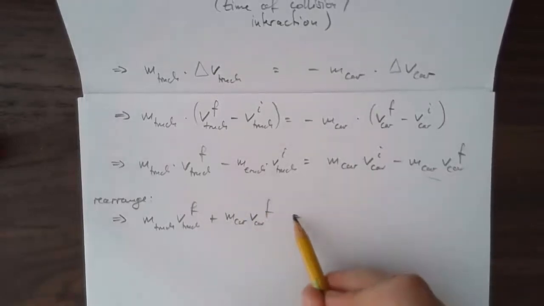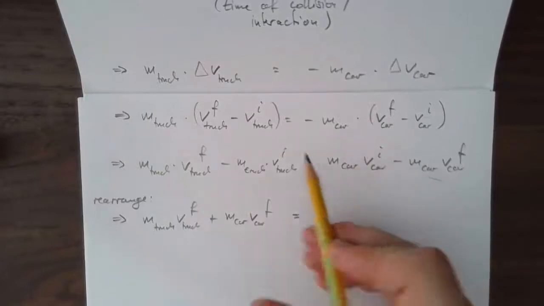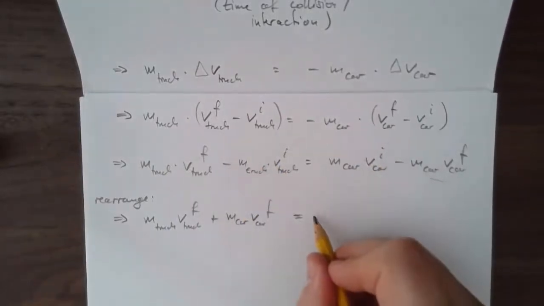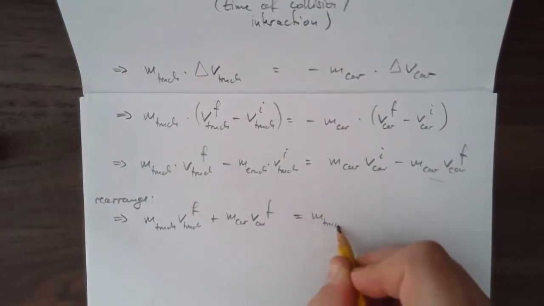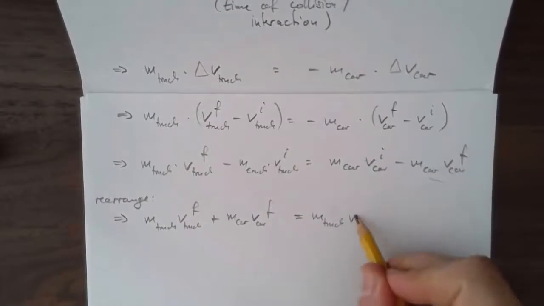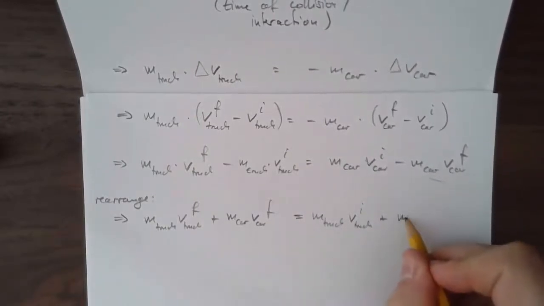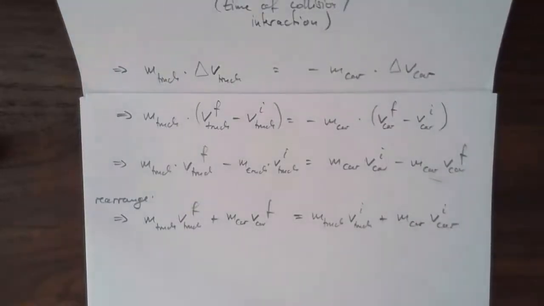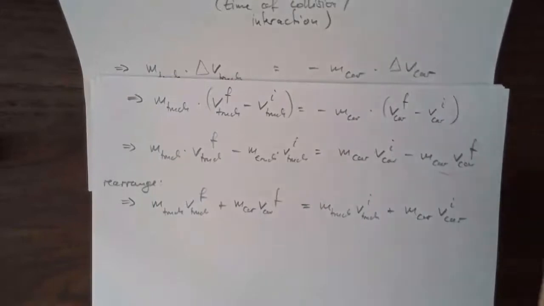And what do we have on the right hand side? I've got this term, and then I'm going to bring this term over so it becomes positive as well. The mass has changed in this case. m truck v initial truck plus the mass of the car times the initial velocity of the car.